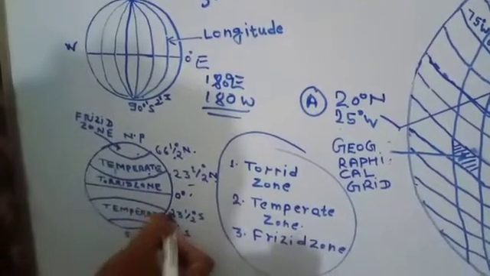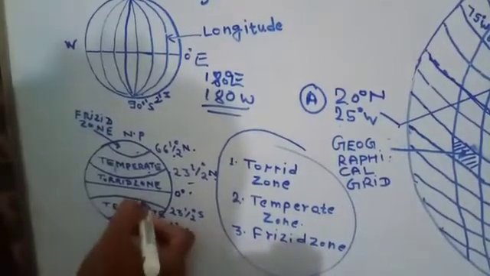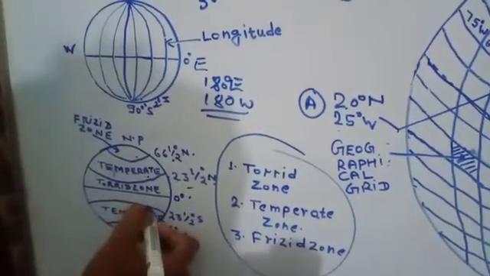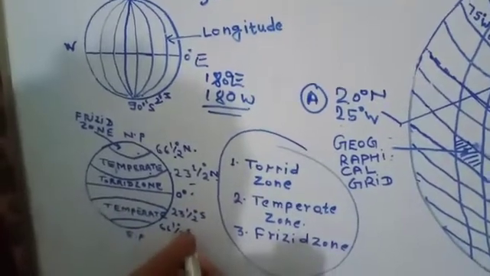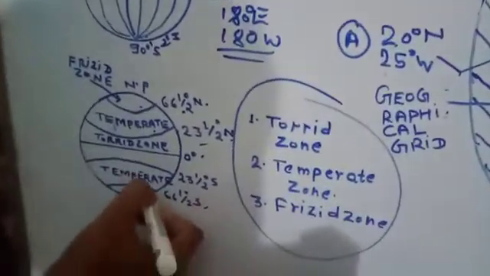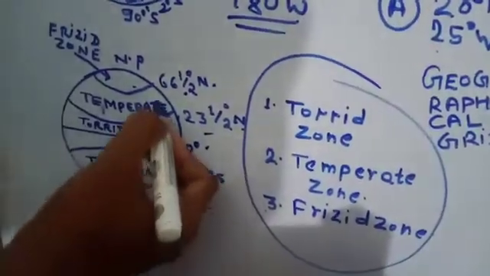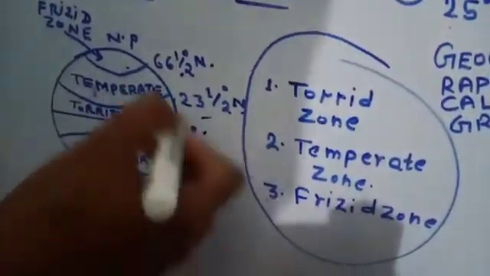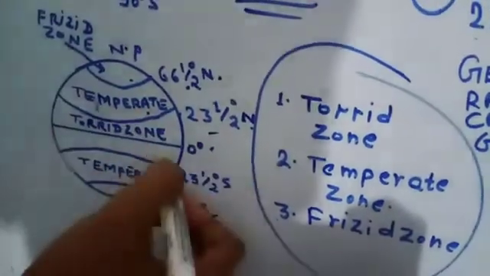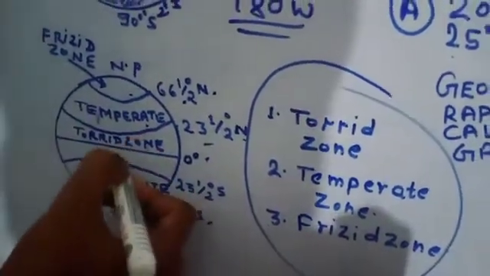Then in the south, 23.5 degree south, Tropic of Capricorn. Then 66.5 degree south, Antarctic Circle. These 5 are also often called the important latitudes.